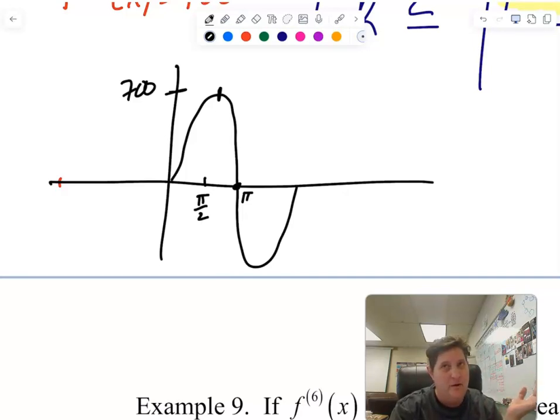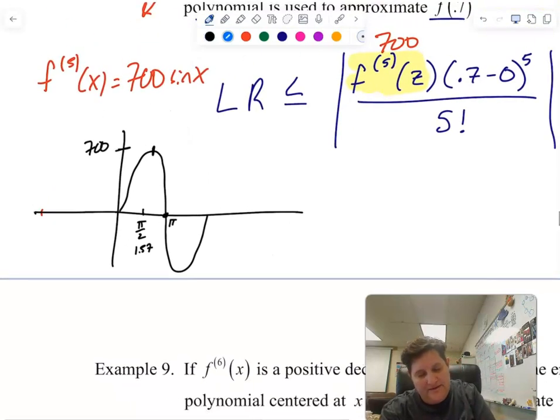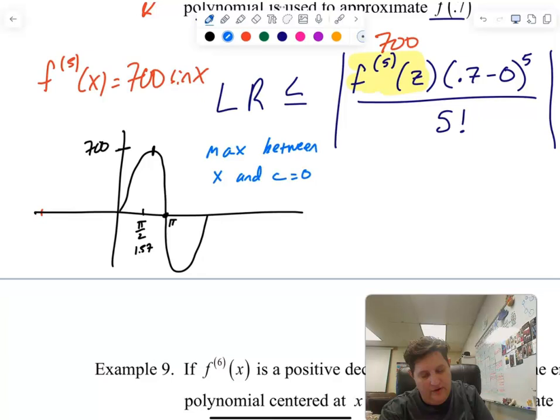If pi is 3.14, it's like 1.57, even if you just knew 1.5. So what is the max? This is a way to get a better approximation between x and c. Well, c is 0, and x was 0.7. So here's 0, and here's 0.7.